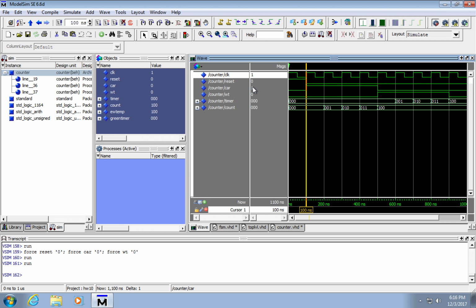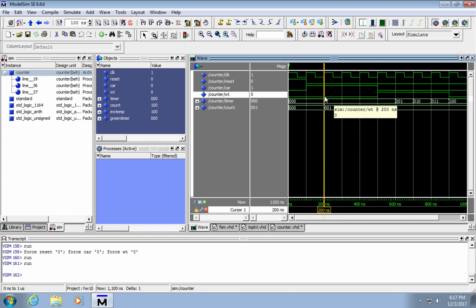So now, when the car triggers the sensor, it'll allow the count to increment. I also have kept WT at 0. As you can see here, it won't really increment until the next rising clock edge, and then while car is still 1, count is now 1.